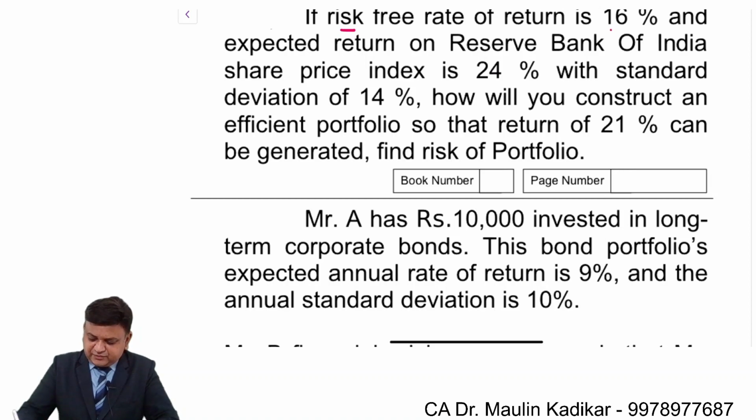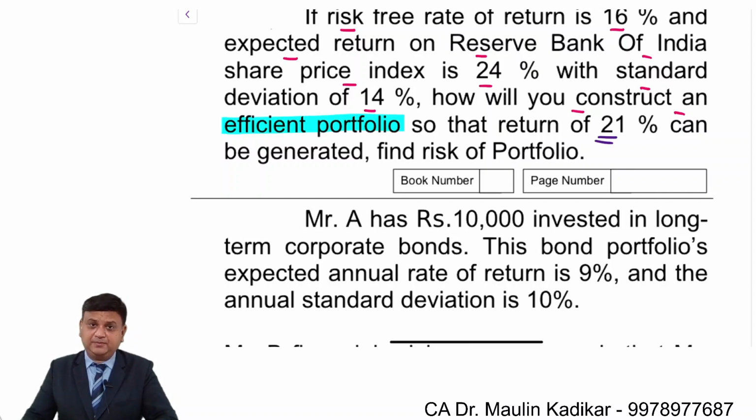If the risk-free rate of return is 16%, and the expected return on the Reserve Bank of India share price index is 24%, with a standard deviation of 14%, how will you construct an efficient portfolio so that a return of 21% can be generated?